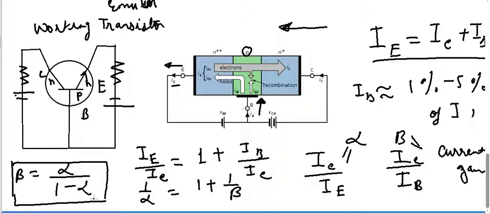So what is beta? We just discussed that IB is generally about 1 to 5% of IE.